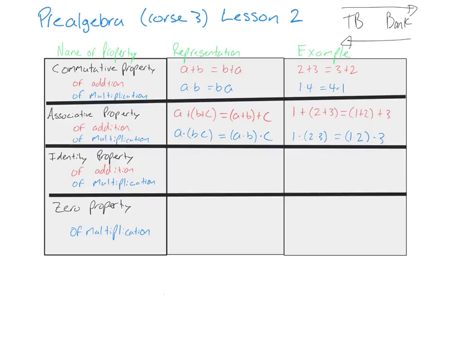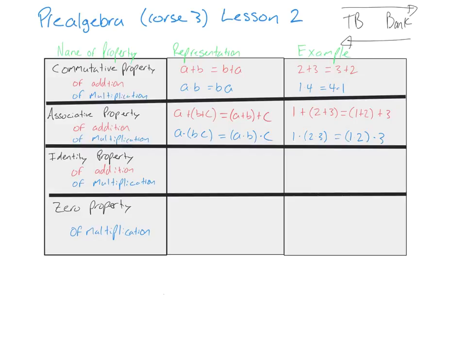The next one is the identity property. You see, I already have that written out there. Think of the word identity. It simply means who you are. We're talking about the identity property of addition.